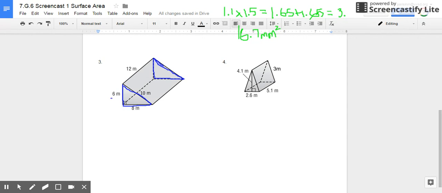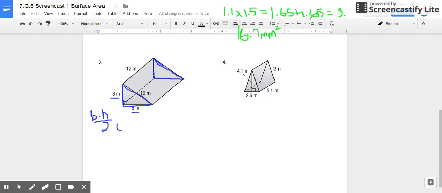And we have our height is 6, our base is 8. So if we remember how to find the area of a triangle, we can do 1/2 times the base times the height, or we can just do base times height and divide that by 2.